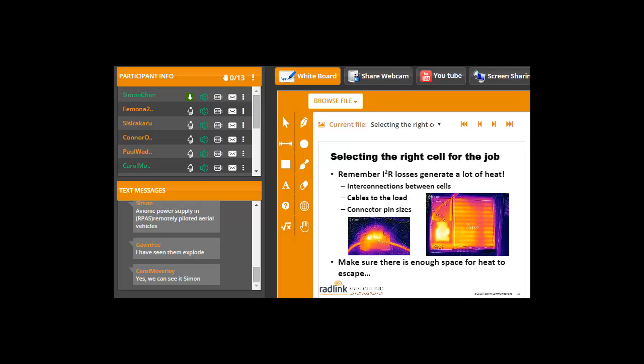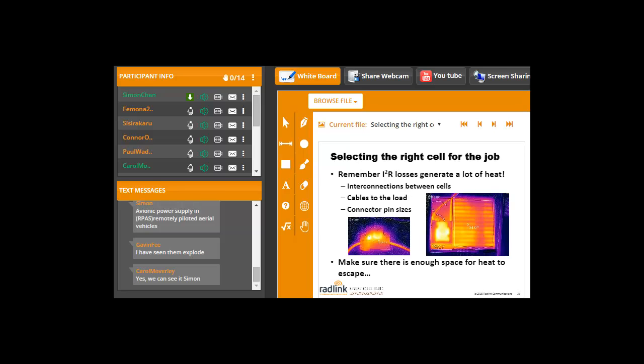So it's important that whenever you design with batteries, you have access to good quality test equipment. I use a FLIR camera which plugs into my iPhone, and I can take videos and stills very quickly for later analysis.